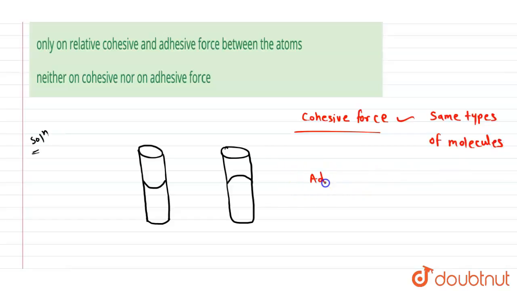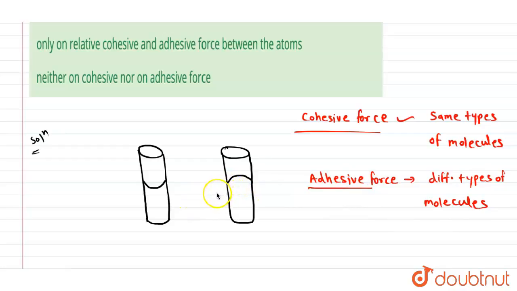And the other force, which is known as adhesive force, acts between different types of molecules. So these are the two forces which are responsible for the shape of this meniscus.